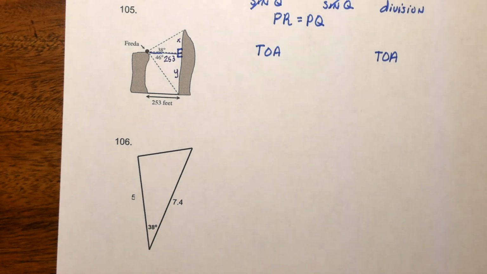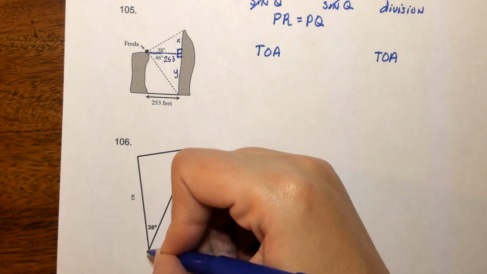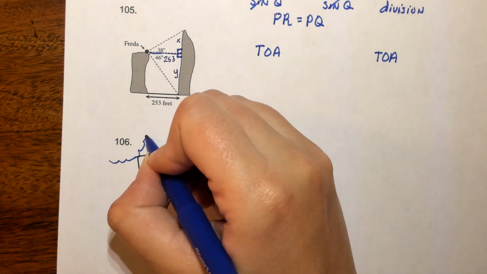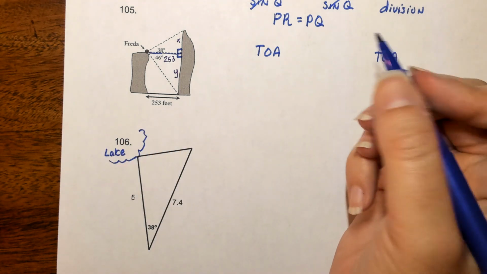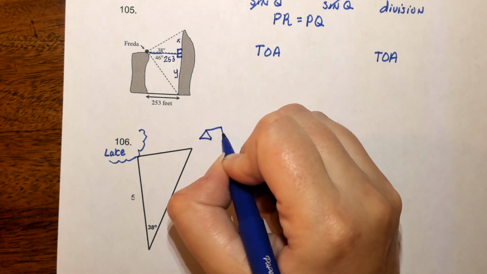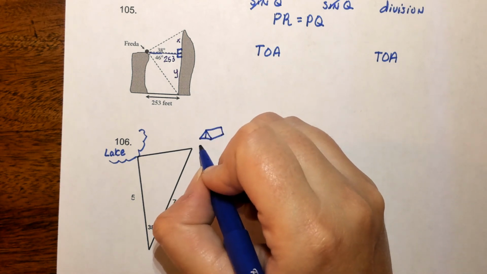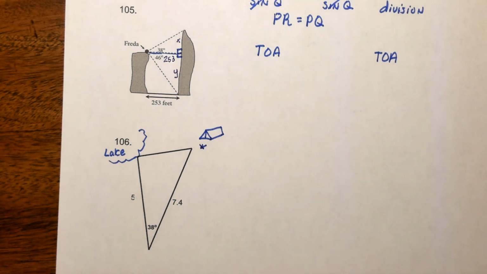Start by drawing a diagram of the situation. Okay, so Lisa's going to go to the lake, which is here. And Aaron's going to go directly to the campsite. There's my little fire and my little tent.